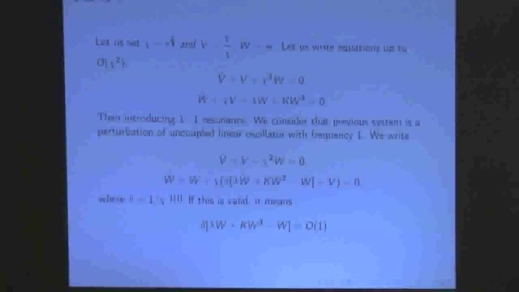But to do this, I introduce the delta parameter, which is indeed 1/chi. It's a little bit strange, but it will be valid if I can check that the term that is the factor of delta is of order 1.